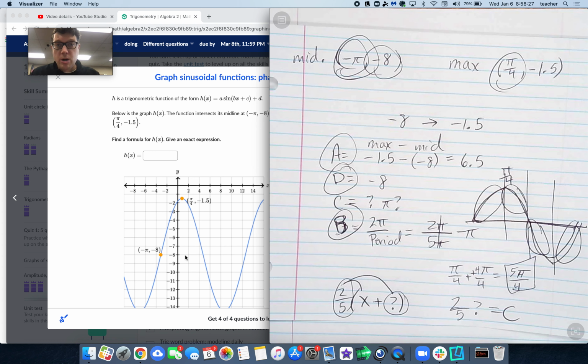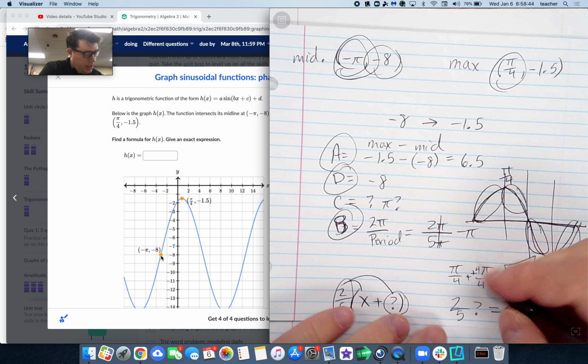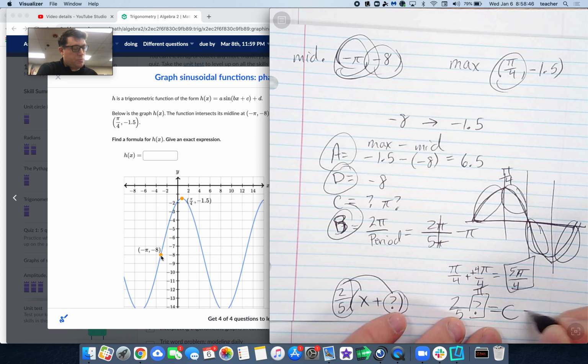The question mark is the shift. The question mark is how much we're moving. The question mark is when we take sine from where it's at on the y-intercept and move it to the left, in this case by pi distance, that the question mark is the motion. This is pi, which makes c 2 pi over 5.